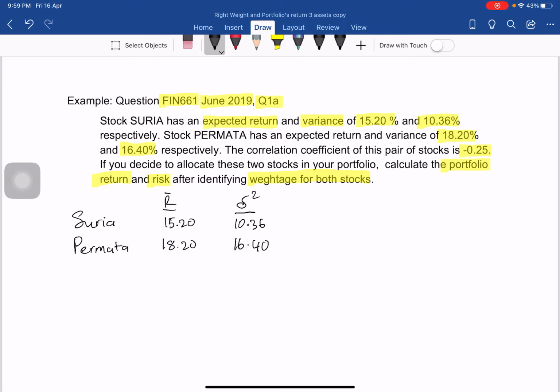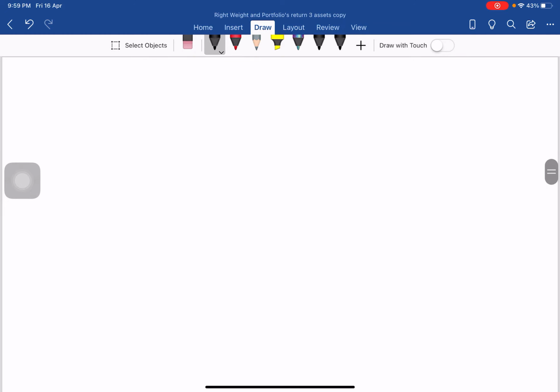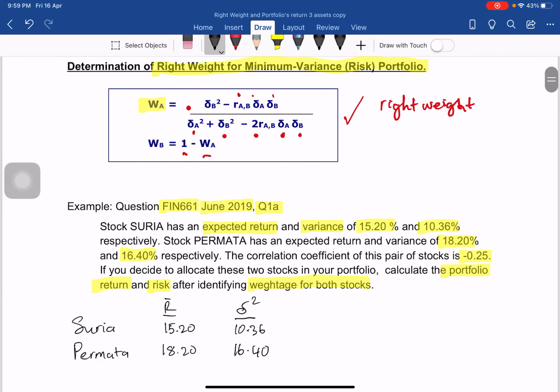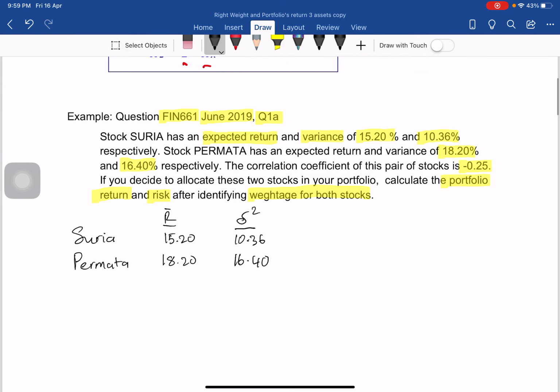Because we are going to use the formula above later, and it has standard deviation, let's calculate the standard deviation of Surya and Permata beforehand. Standard deviation is simply the square root of the variance. If you square root the variance of Surya, you will get 3.22.